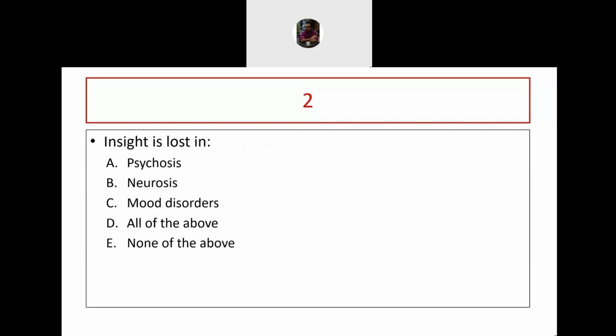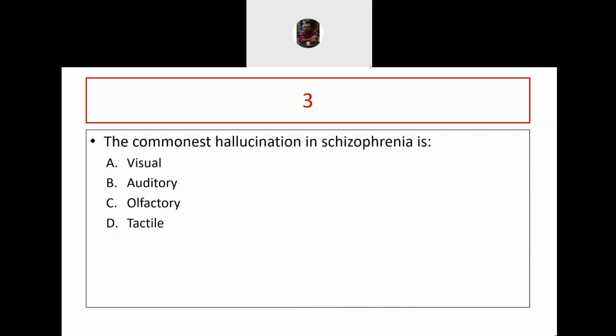Insight is lost in. Very good. The answer is psychosis. The commonest hallucination in schizophrenia is. Wonderful. The answer is auditory hallucination.